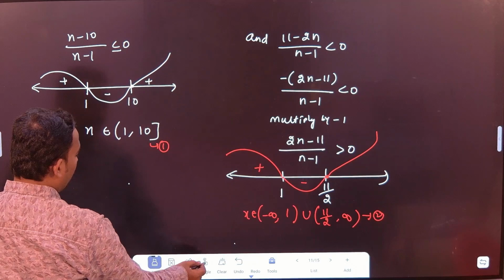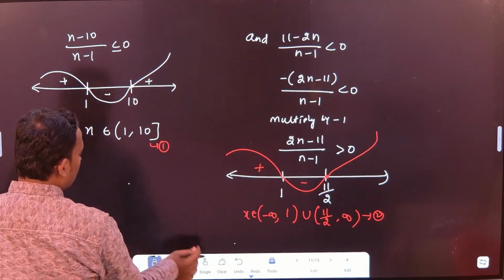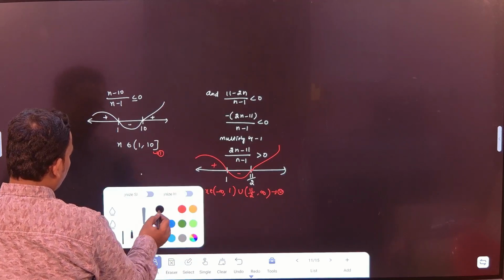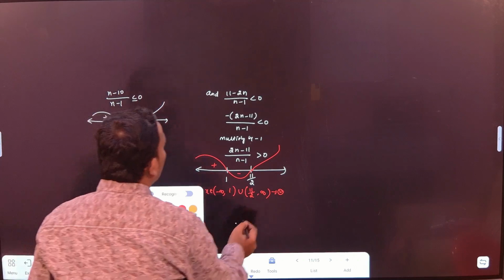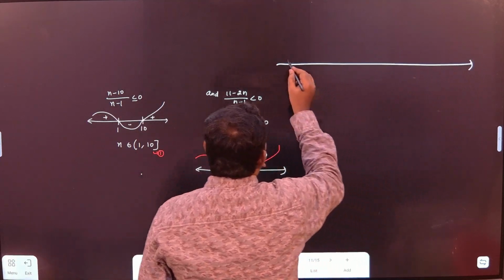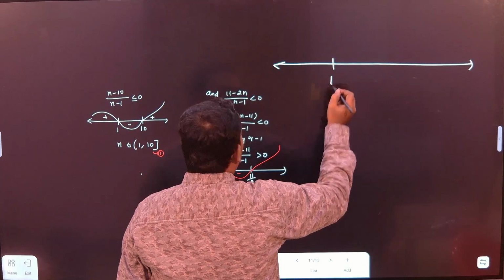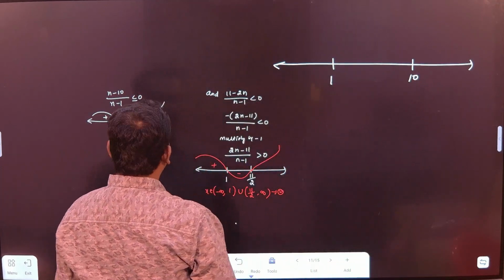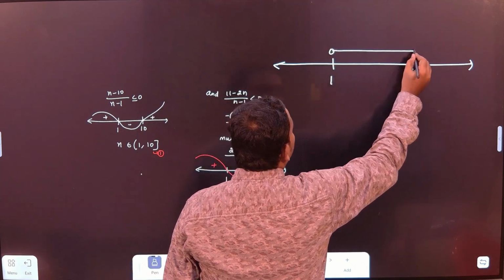You can find it out here only. So you can draw the number line. First 1 to 10: so 1 here and 10. 1 to 10 means 1 is not included and 10 is included.